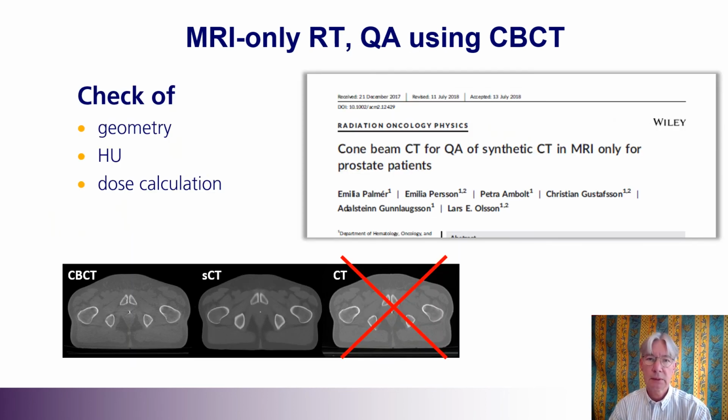But you can do one thing which is similar even in clinical routine, and that's to use the CBCT data acquired at the first fraction. Obviously, it cannot be acquired before that, but it's still a very useful and good check for geometry, Hounsfield units, and those calculations if you want to. And that is quality assurance that can be done once or several times if you want to for the same patient.